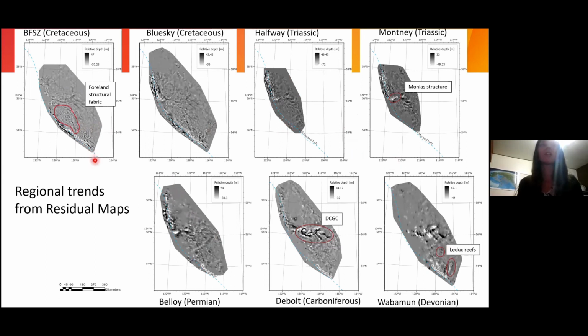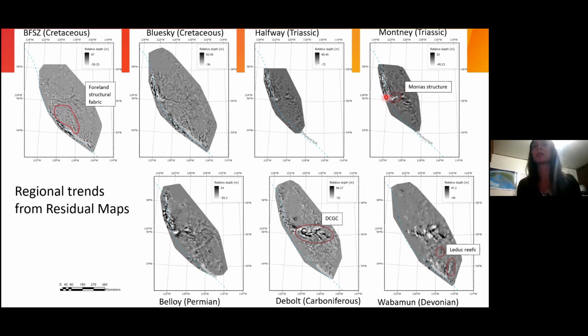And for example, we can see on some of them some special features. For example, for the Cretaceous, we could see the foreland structural fabric, which indicates that there is a lot going on, and there are many smaller linear features or continuous fault features in that part. For example, we have another structure here, which is based on the literature.